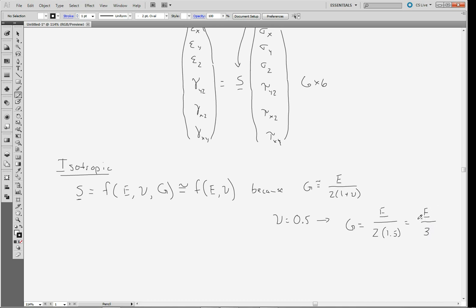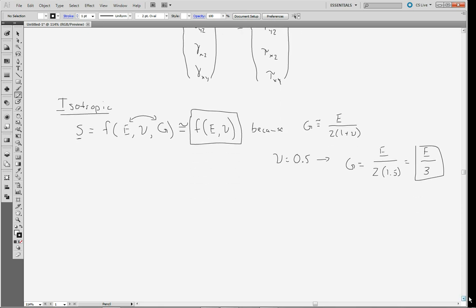And so sometimes you will see this sort of relationship. Nonetheless, there's generally some relationship between the elastic modulus and shear modulus that allows us to simplify the material property matrix down to just 2 elements.